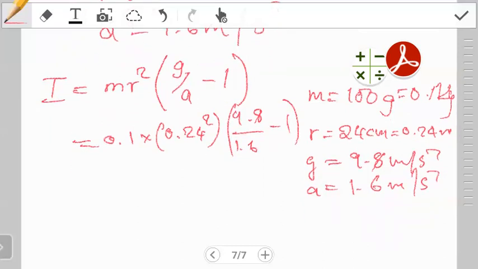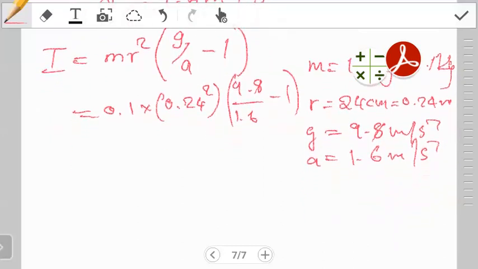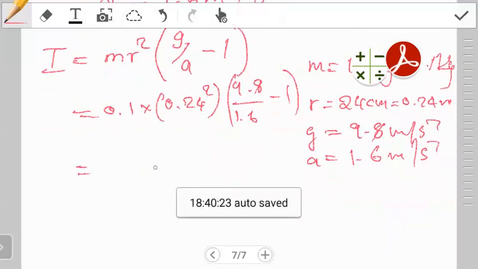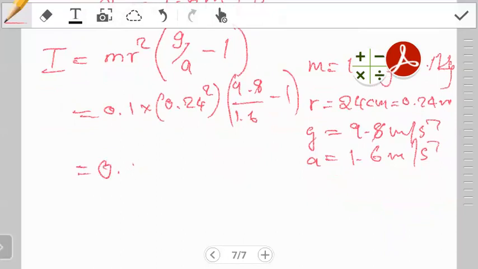When you work this out, you should find the moment of inertia I as 0.0295 kg m squared. You can try it out just to see if that's the answer that we get.